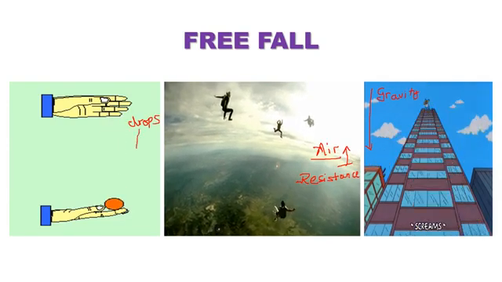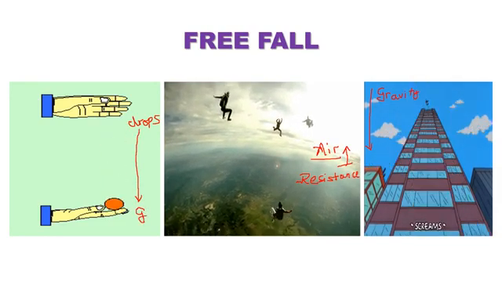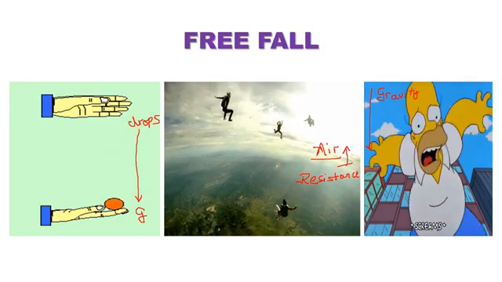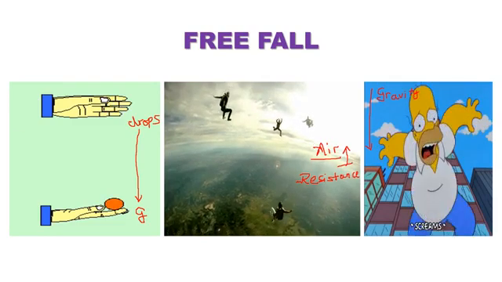The ball is coming down, and the force acting over here is gravity. So when a body is allowed to fall down freely, and the force applied on that object is gravity, this is what is a free fall.